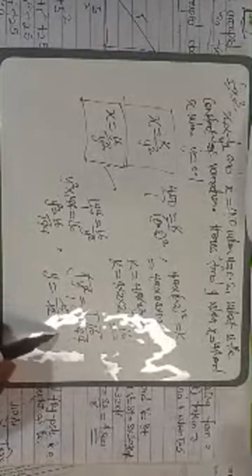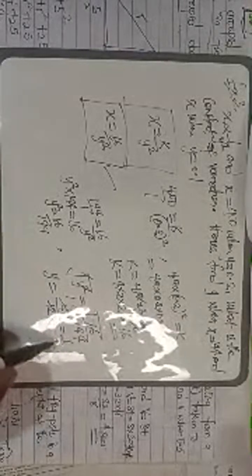So the two will cancel this. y will now be the square root of 16, which is 4, over the square root of 144, which is 12. So 4 in 4 is 1, 4 in 12 is 3. The answer is 1 over 3. So y is equal to 1 over 3. So that is the answer.